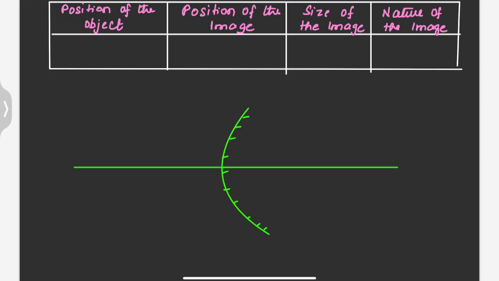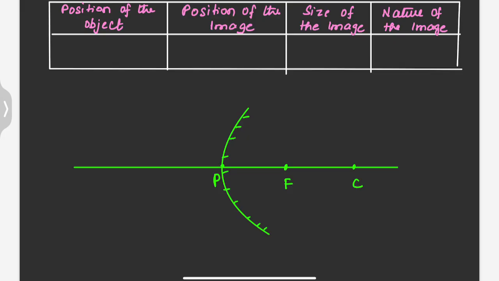So this is the principal axis. So now this point is C, and exactly half of it will be F, and this point will be P. So what is P? P is called as the pole, F is the principal focus, and C is called as center of curvature.